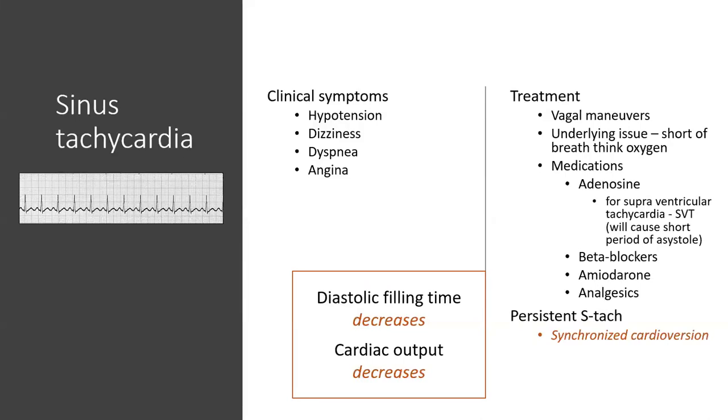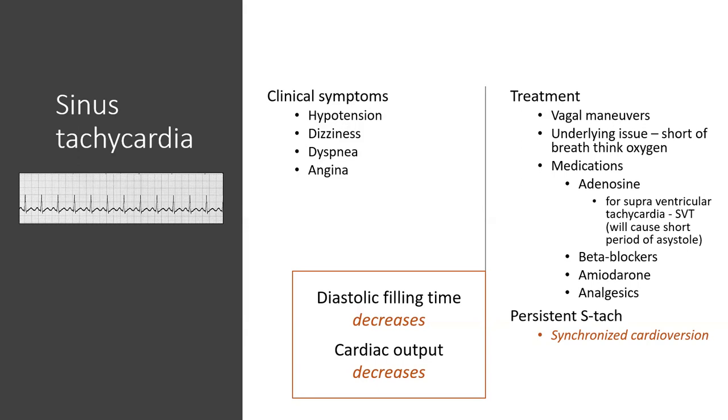Your clinical symptoms are things like hypotension, dizziness, dyspnea, and angina, because the heart's just going so fast. If your heart's going so fast, the diastolic filling time decreases and cardiac output decreases. We're not having enough time to fill these areas up, so we're not getting enough output.